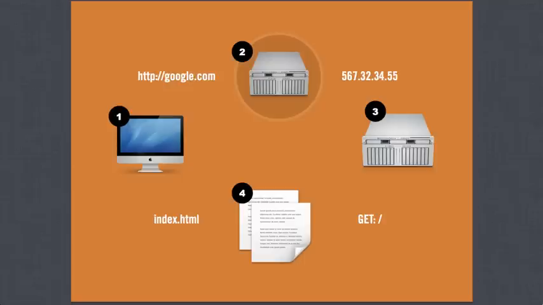So once we've done that, once our browser has the IP address, then the browser can go request files from that IP address. And so what is issued is essentially what's called a GET request, because we just want to read and pull files from the server. And so our computer issues a GET request for a specific set of documents. In this case, since we're just accessing google.com, we're accessing the index file of the Google web server.